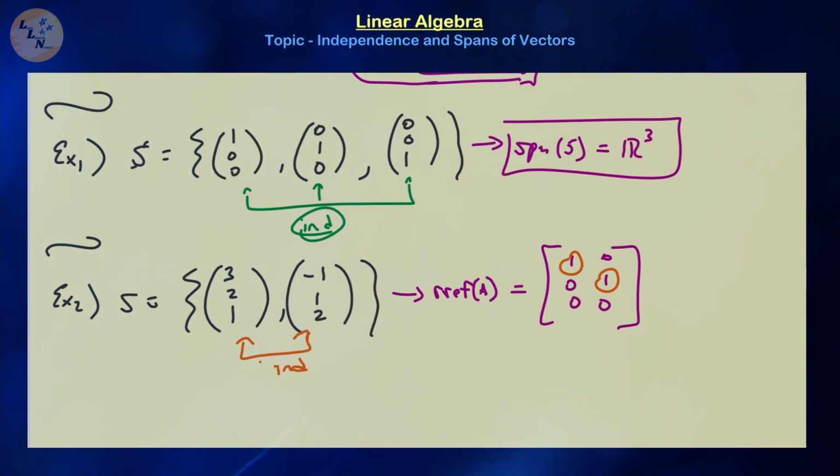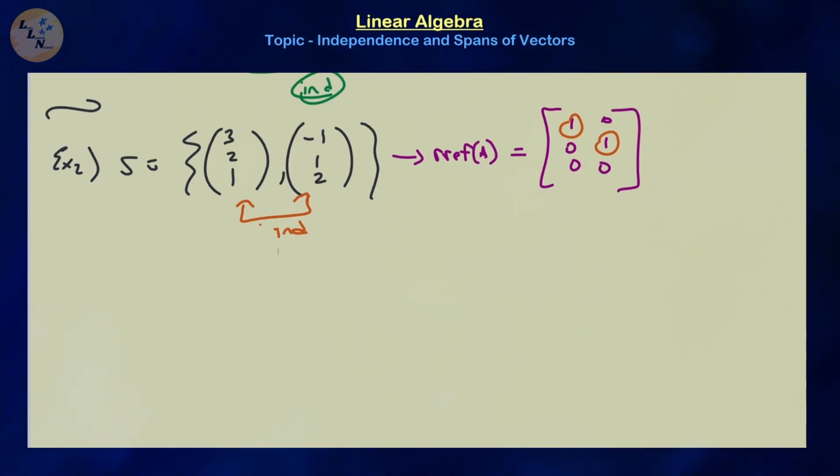So what is the span of these vectors? Is it all of R3? The answer is no. We're actually going to be missing a dimension. So the dimension of the span is the number of independent vectors inside of that set.